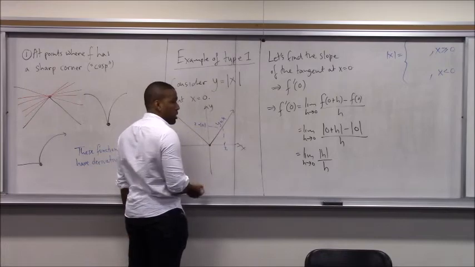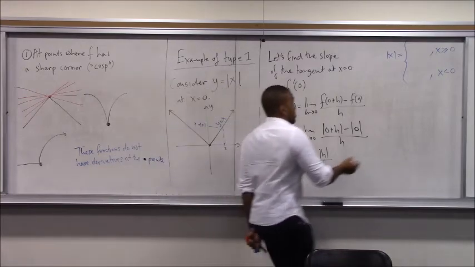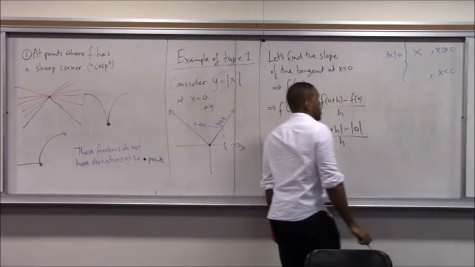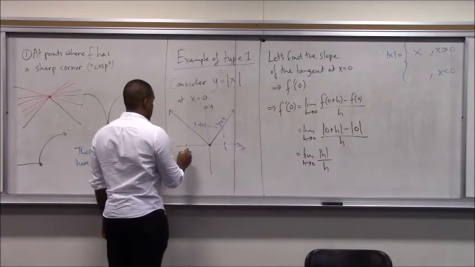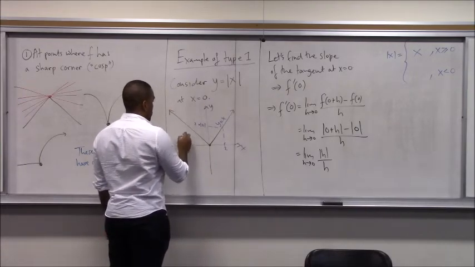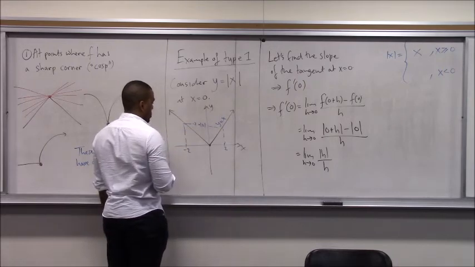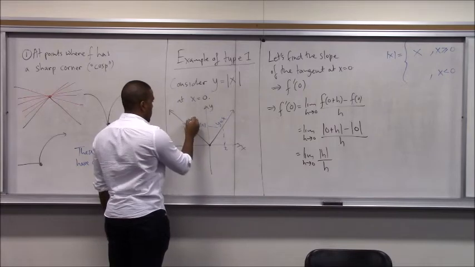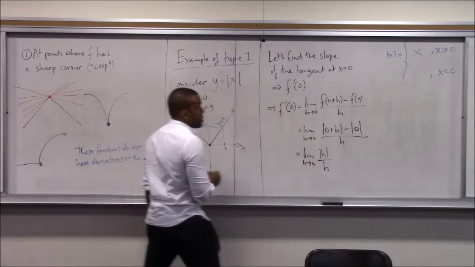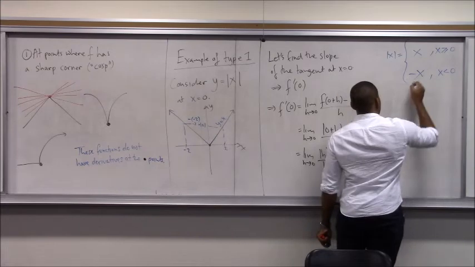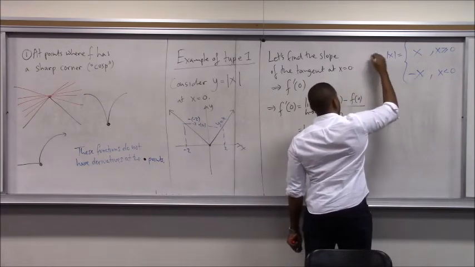Every positive number will be itself, y equals x. What if the number is negative? Pick negative 2. The output will be 2. How does 2 relate to negative 2? It's the negative of negative 2. That's the absolute value function. You need to know that.